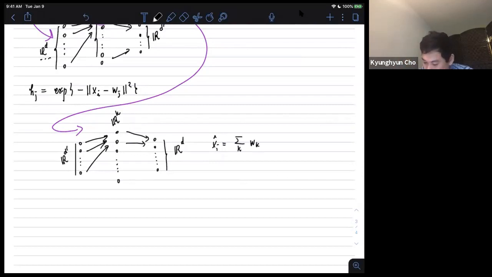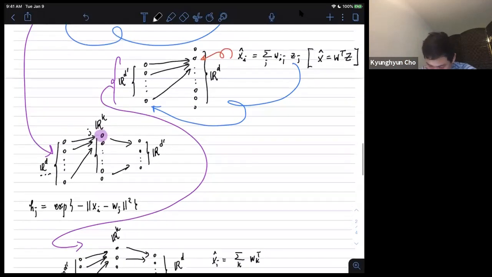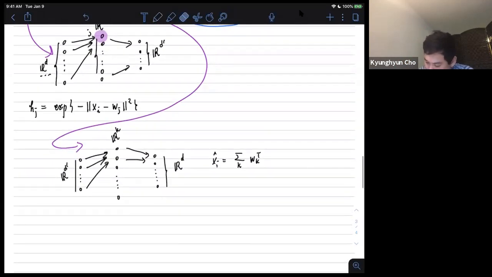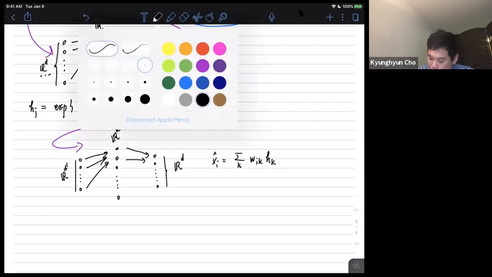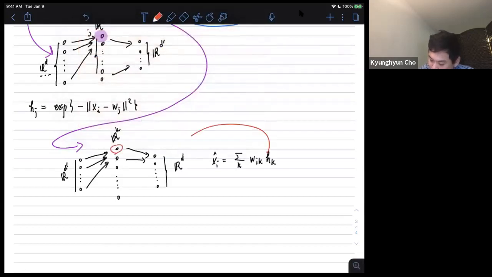So I'm going to write it as IK times the HK, where HK corresponds to one of the dimensions in this intermediate thing.